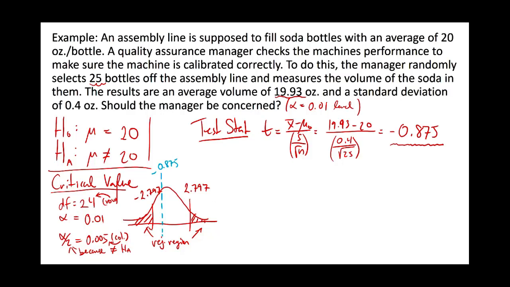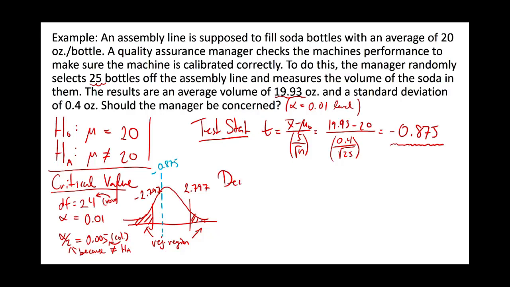Yeah, it's very close to the claim, basically. It doesn't get anywhere near our rejection region because it's right there by average. And so what we saw is actually not very far from the claim, so we shouldn't reject the claim because 19.93 seems to be close enough to 20 for us to accept that the truth could be 20.